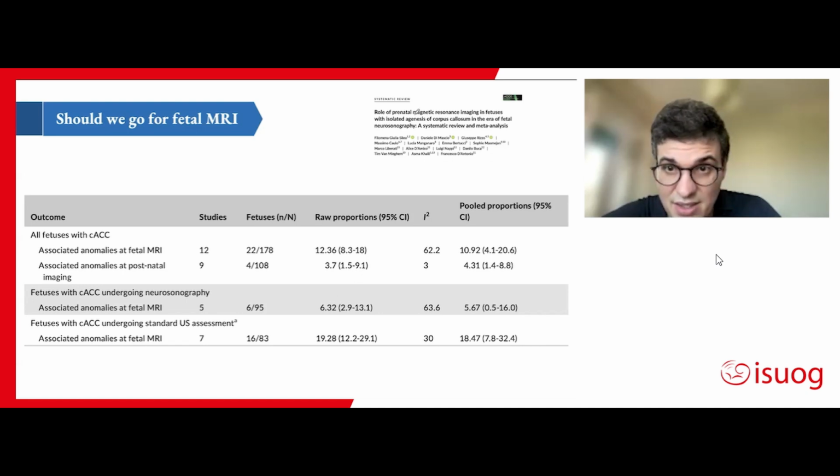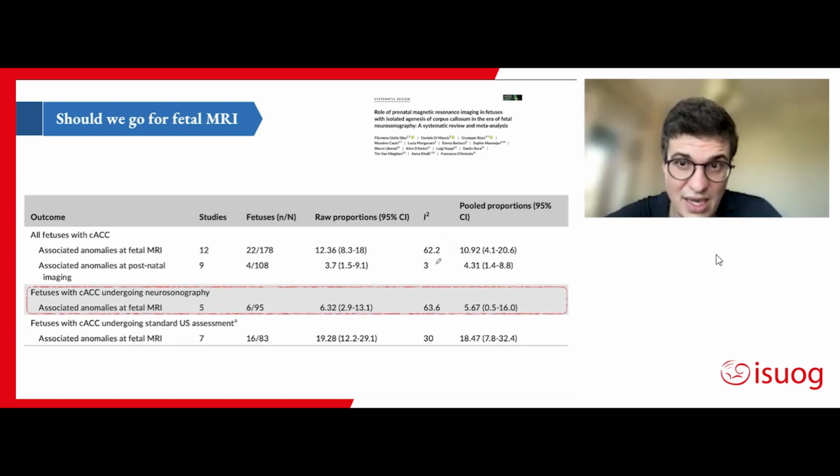This is a meta-analysis we did together with several friends, in which we reported that the additional diagnostic yield provided by MRI is about 11%. So in a significant proportion of cases, MRI provides additional information, especially for conditions which are less easy to diagnose with ultrasound, which are anomalies of cortical development.